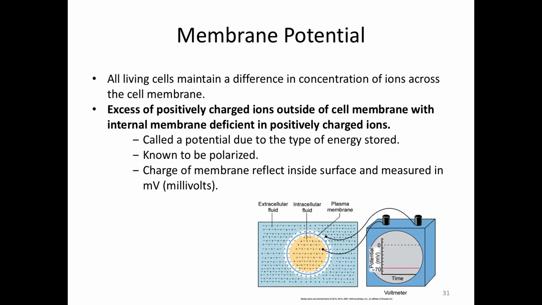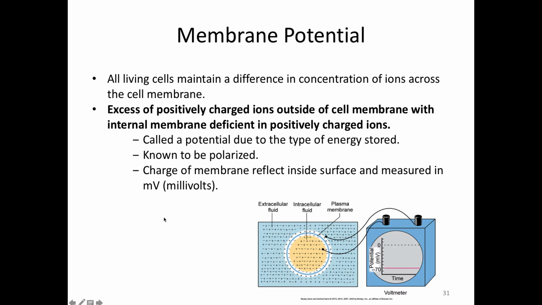So membrane potentials look like the following. We've been talking about this in the context of excitable cells, so neurons and muscles, but all cells maintain a difference of concentration in ions across the membrane. Just not all of them do so to the extent that they are routinely and habitually depolarizing and repolarizing.